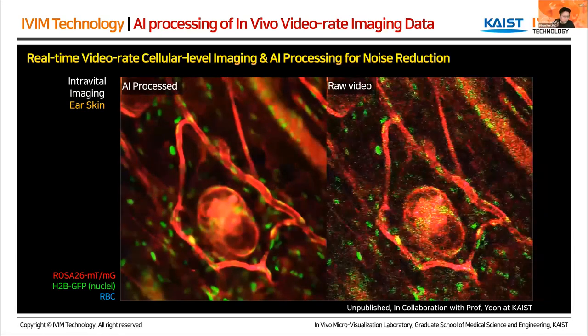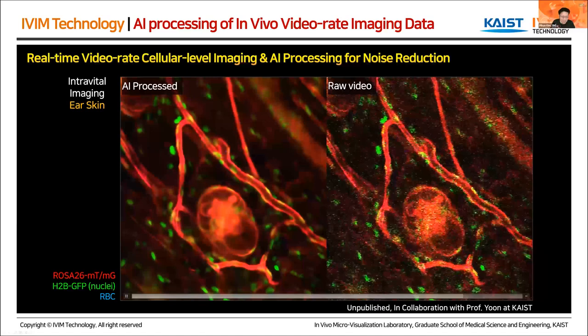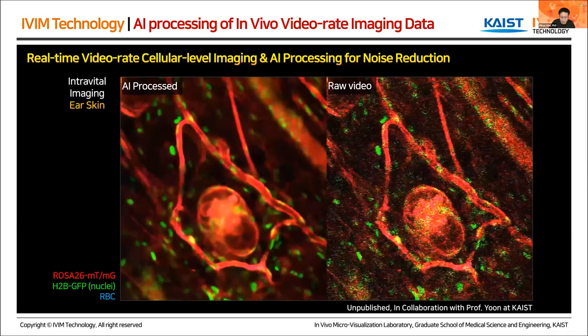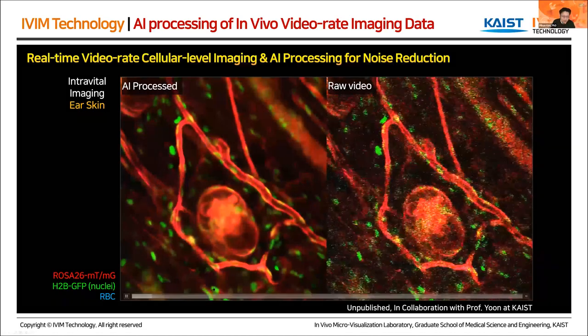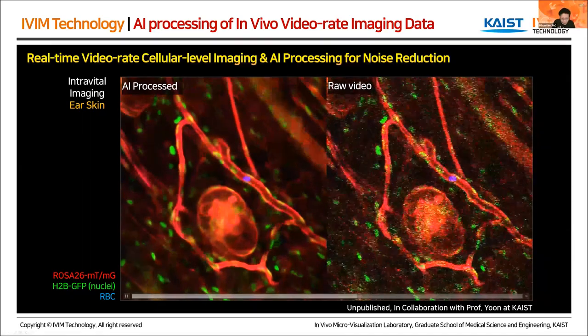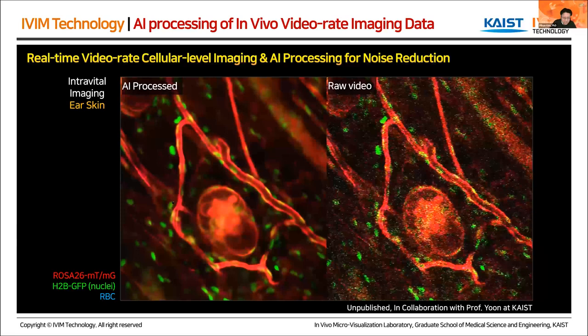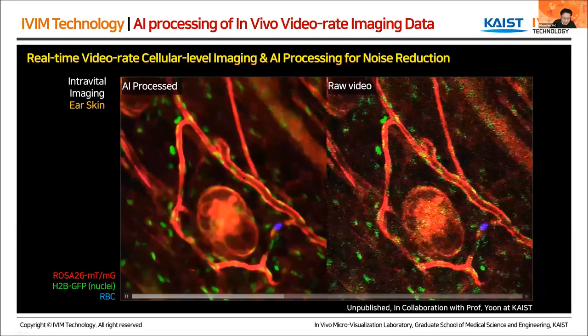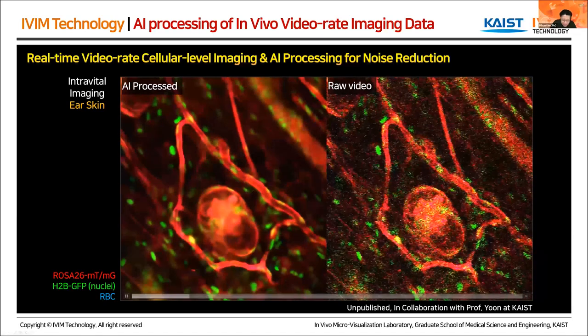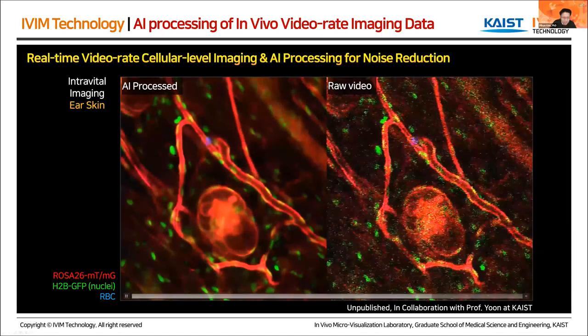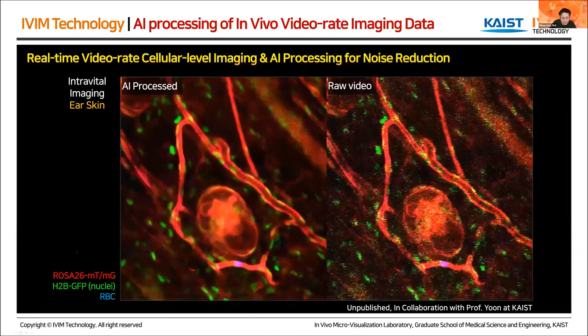So we developed an AI processing model for noise reduction. On the left-hand side, this is the real-time video after the noise reduction processing. You can clearly see the flow of red blood cells in a single capillary in the skin, and green is actually the nuclei.